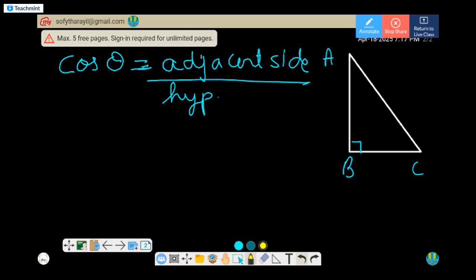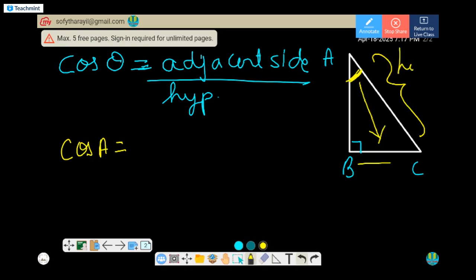For example, I want to find cos A. Okay, so this is angle A. One side is the hypotenuse. You can't pick up the hypotenuse. One side is opposite, BC is opposite to it, and adjacent will be just next to it. So the angle is here, and the side just next to it will be AB.